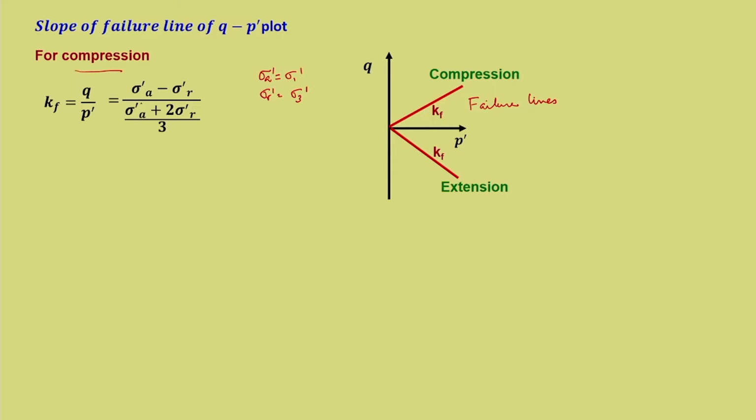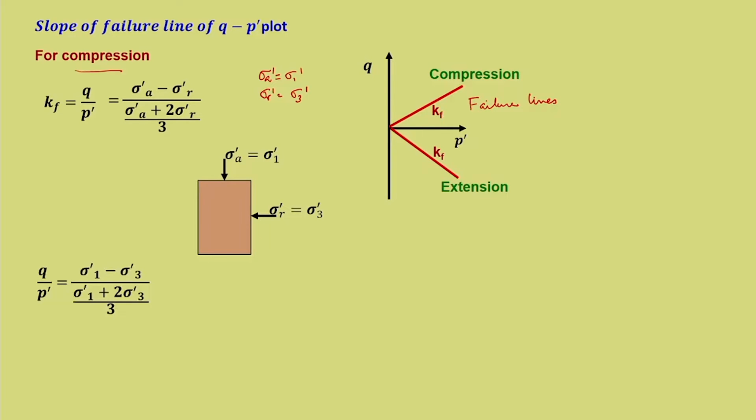Substitute for Q and P dash, that will give sigma A dash minus sigma R dash divided by sigma A dash plus 2 sigma R dash by 3, always represent in terms of axial and radial. So, this is what it is. Substitute for sigma A and sigma R, that will give you this expression. Rearranging, you can take sigma 3 dash outside. So, it will become sigma 1 dash by sigma 3 dash minus 1, sigma 1 dash by sigma 3 dash plus 2. This divide by 3 goes into the numerator.